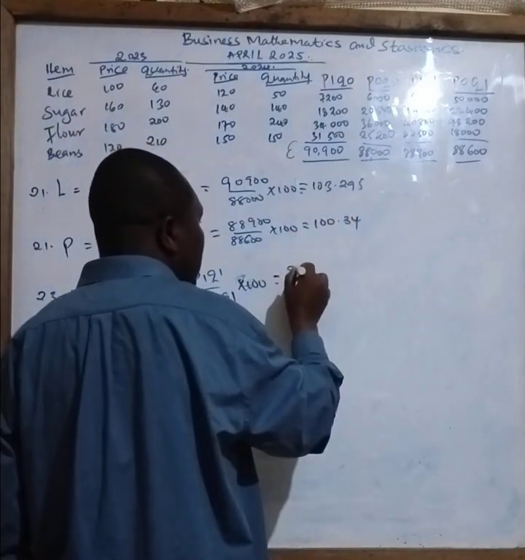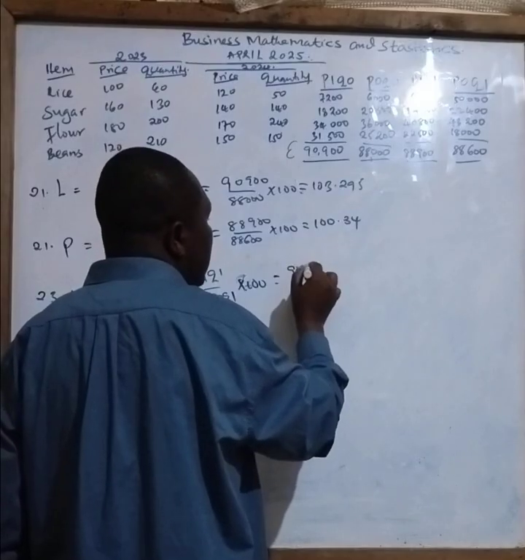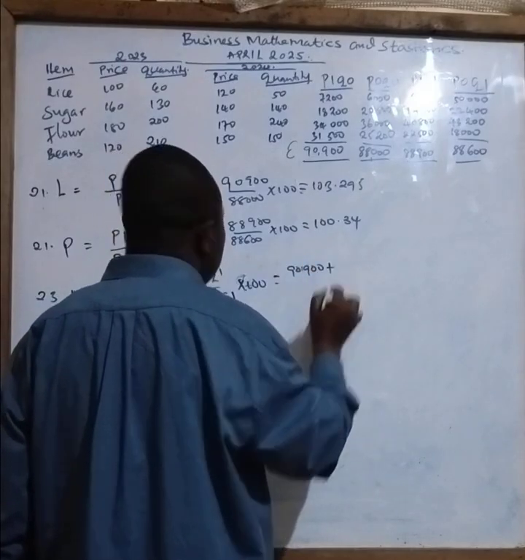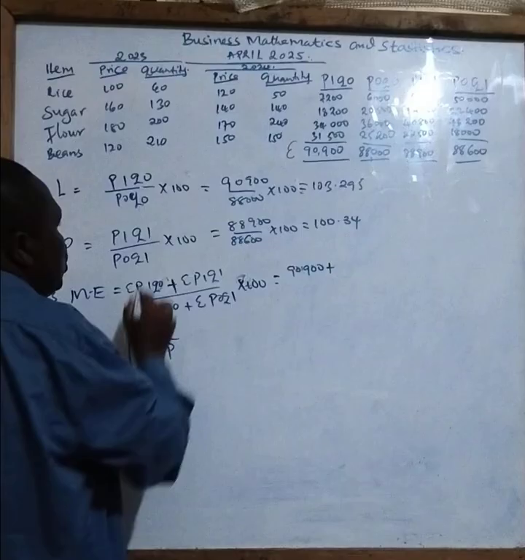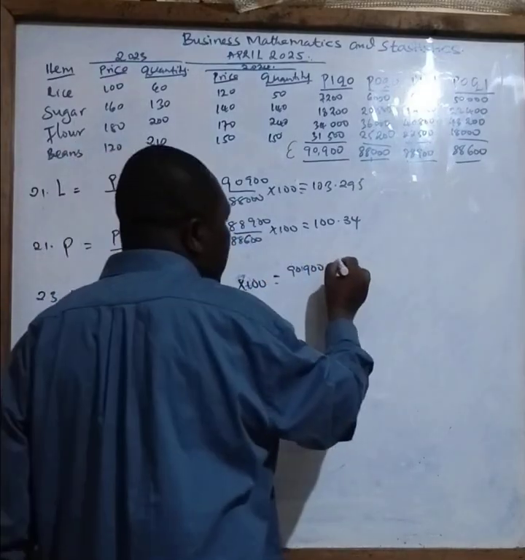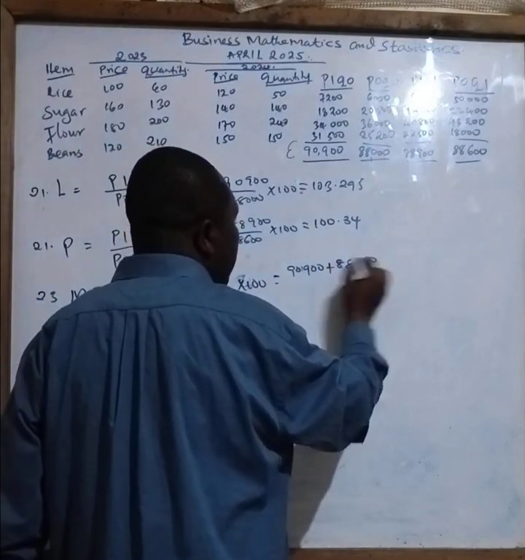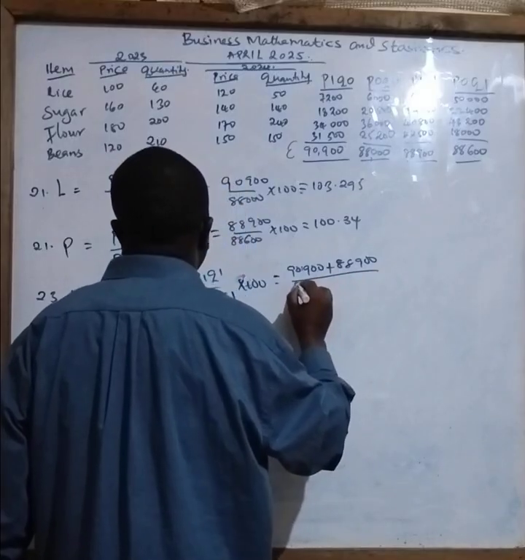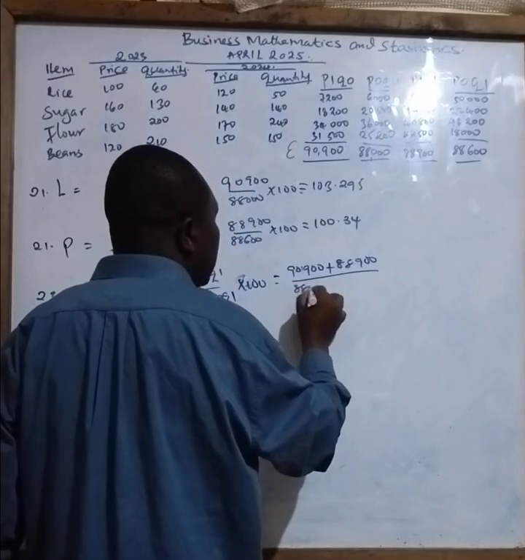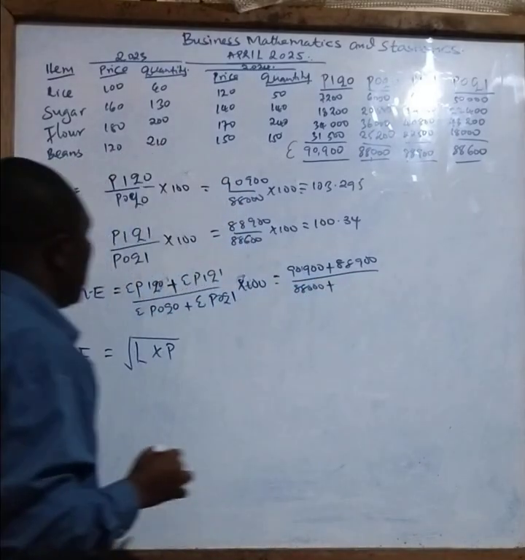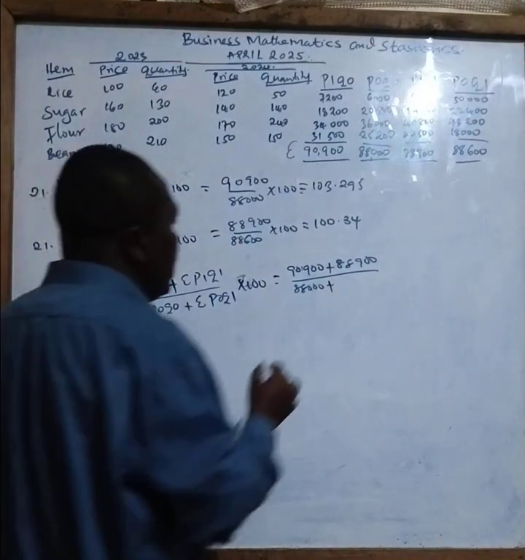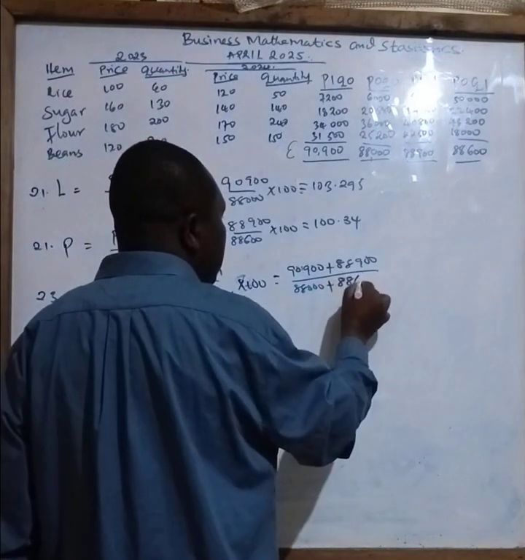Then we have the last one, which is now giving us the summation of PICO, which is 90,900, plus summation of PICI, which is 88,900. You divide by POCO, which is 88,000, plus POCI, which is now 88,600.